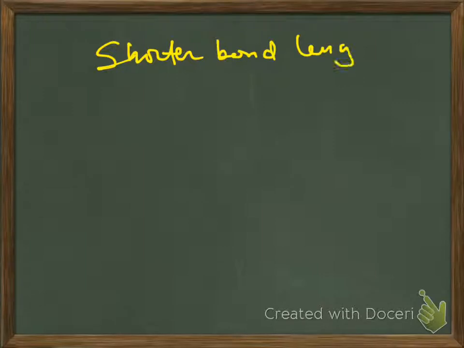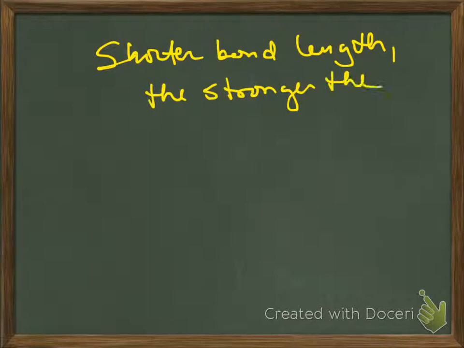Generally speaking, the shorter the bond length, the stronger the bond, and this would indicate the strength of the electrostatic attraction for those electrons to the nucleus.